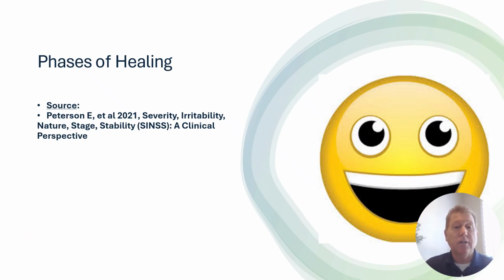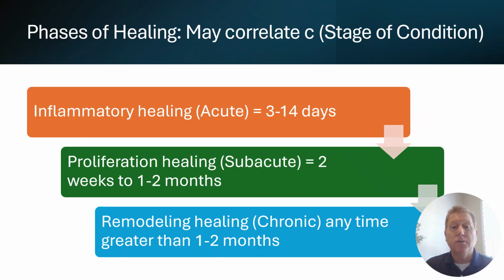So the phases of healing, again, from this article by Peterson, we can look at the phases of healing that we will see. Inflammatory acute phase typically lasts from the time of injury 3 to 14 days afterwards. It's also called the inflammatory stage. As we move further away from the injury, now we're 2 weeks to 2 months out. We're seeing this subacute phase come in.